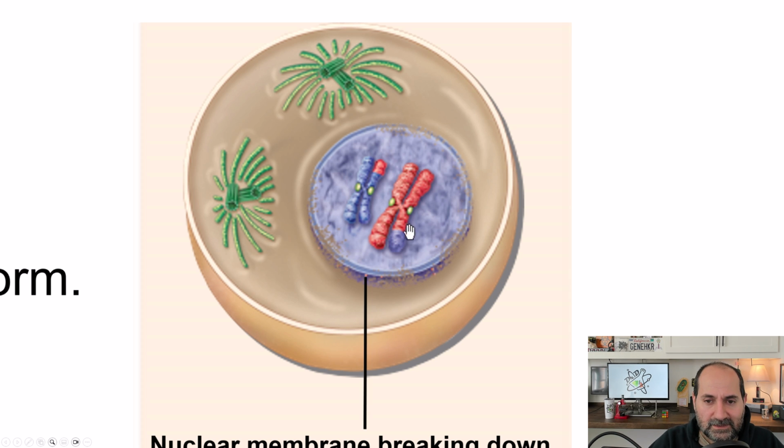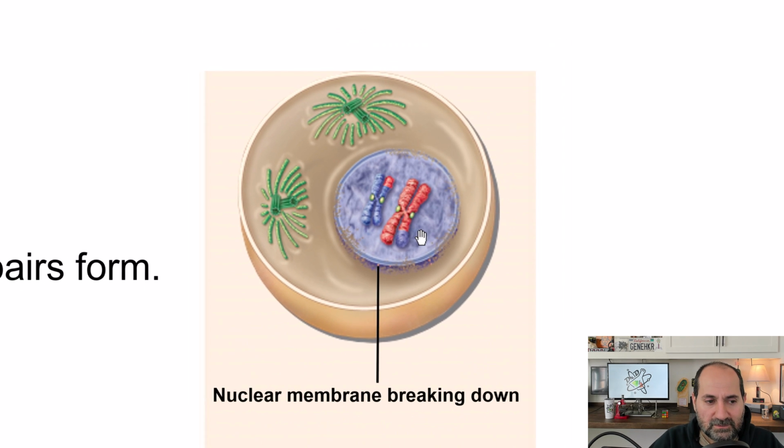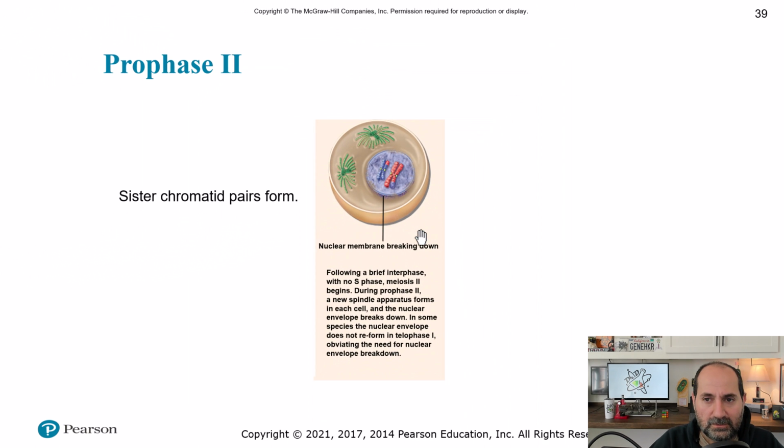These are still technically sister chromatid pairs. So sister chromatid pairs form. That's what I need you to know. During Prophase II, sister chromatid pairs form. And if you want to be extra specific, yes, you could say that non-identical sister chromatid pairs form. Okay, that's what's happening during Prophase II.